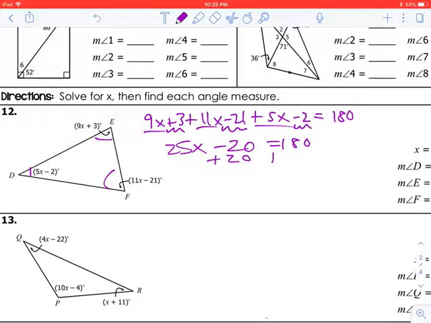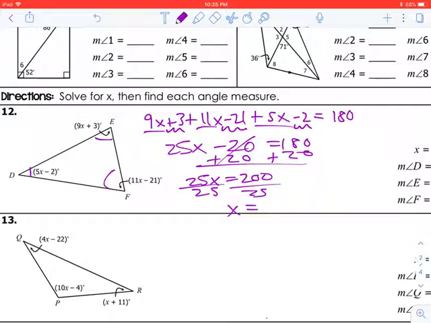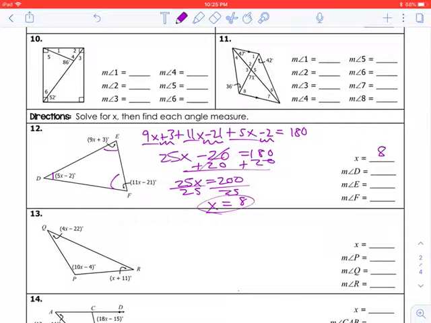So add 20, and I get 25x equals 200. Divide by 25, and we get our answer. x equals 8.